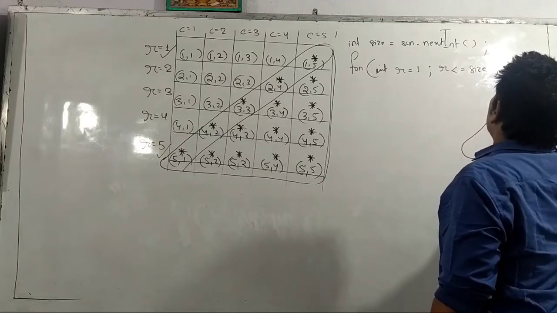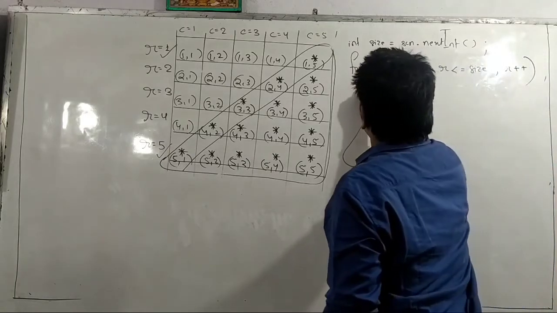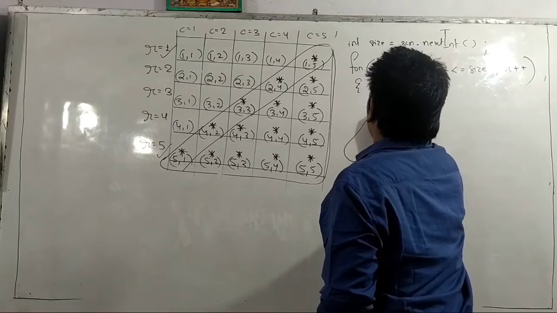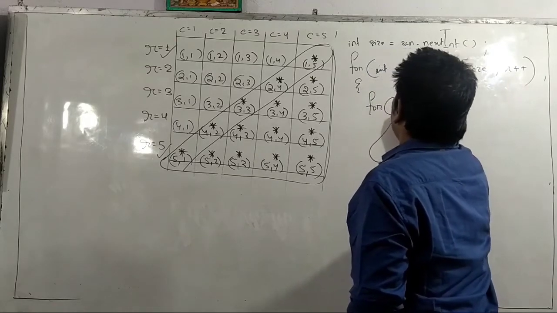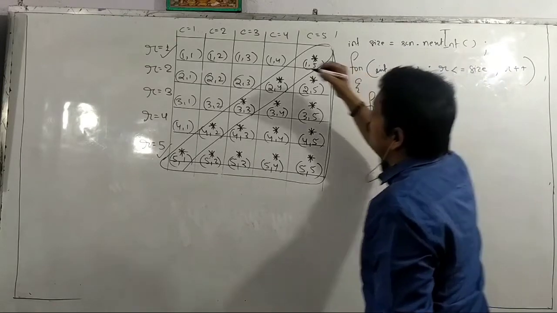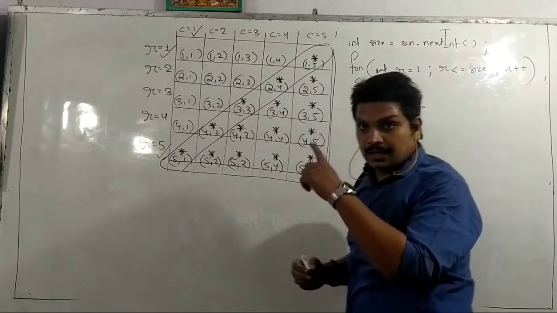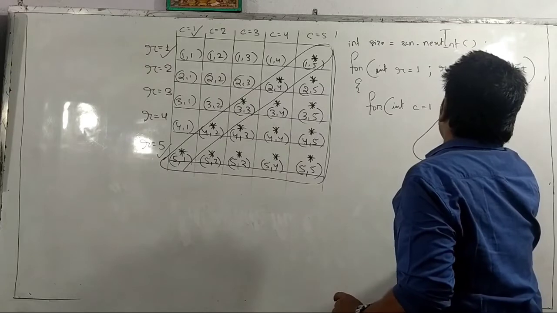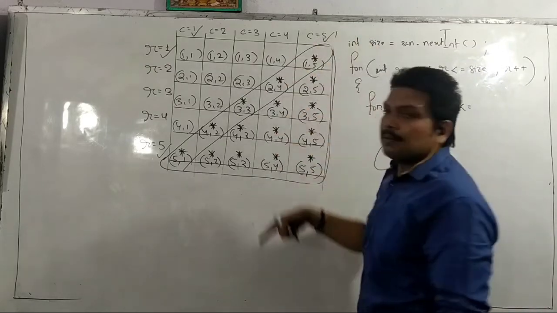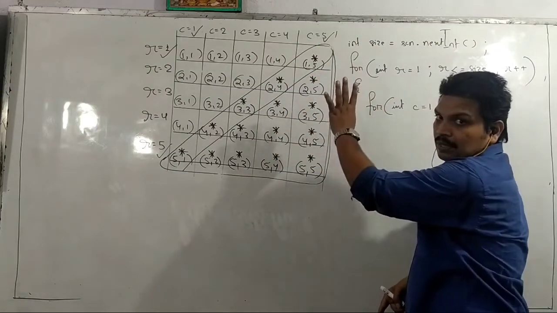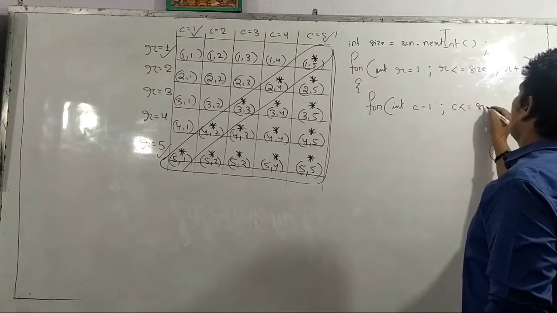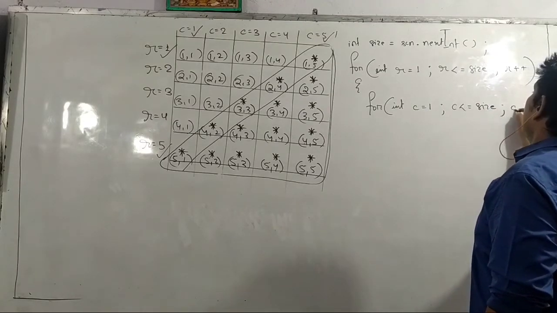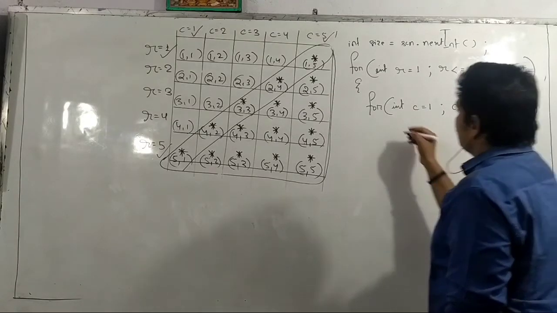Then r++. Then the inner for loop, int c is equal to 1, c less than or equal to size, and then c++.